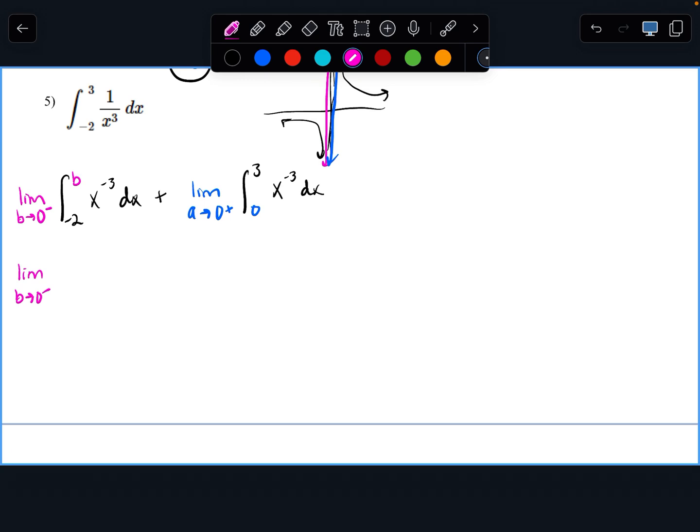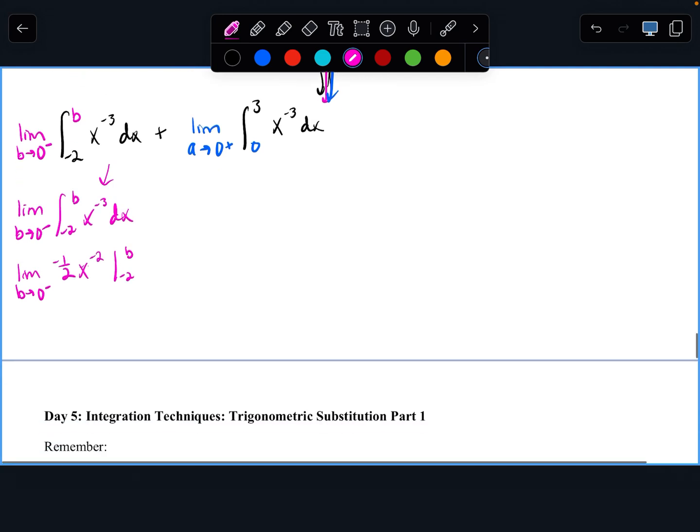So again, I'll just rewrite this. I'm just focusing on this. Antiderivative: add 1, right? So negative 2 divided by the new power, from negative 2 to b. I don't like negative exponents.